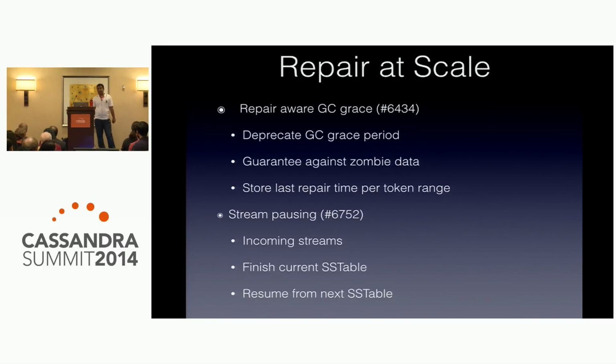And this is valid for any stream because in the repair, at the end of the repair, there's streaming going on which transfers bulk data, right? So you can pause any incoming stream. You can have your tool say if your disk space is 95% full, I'm going to pause the stream and I'm going to resume it once the compaction has kicked in. So that's what is repair at scale.